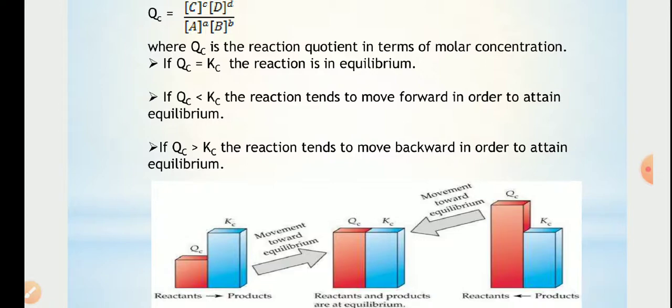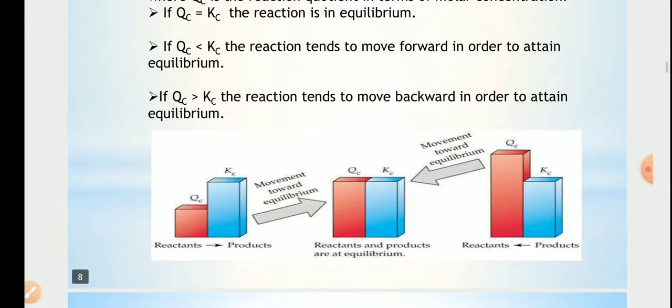So here the forward reaction rate is very high, or basically the equilibrium constant is defined as Kf by Kb. So as Kc is high, obviously the forward reaction rate is high.